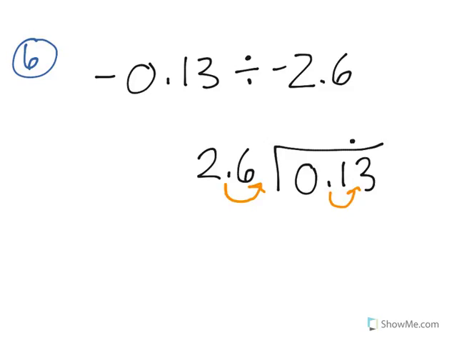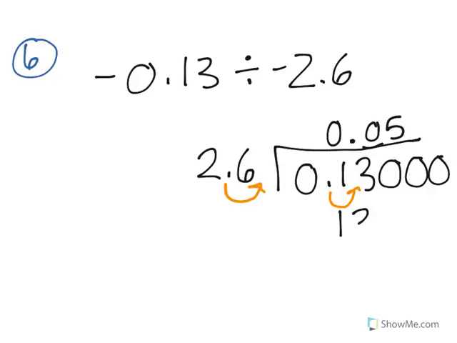26 does not go into 0. It does not go into 1. And it still does not go into 13. But remember, we've got these infinite zeros back here, right? So 26 will go into 130. Furthermore, it will go in exactly 5 times. 5 times 26 is 130.